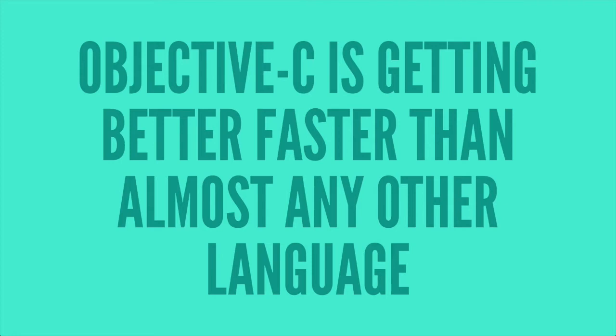It's only recently that we got object literals, so you didn't have to use 15 lines of code to create a dictionary, or box all of your numbers manually. That was tough. I got started around iOS 3, so that's like four years ago or so. It's a totally different thing now.